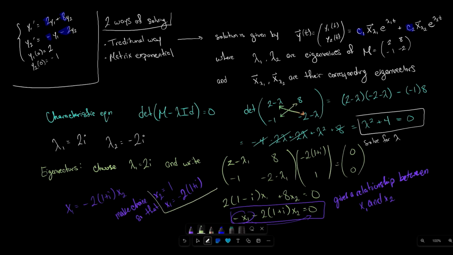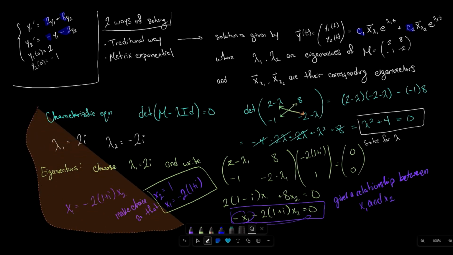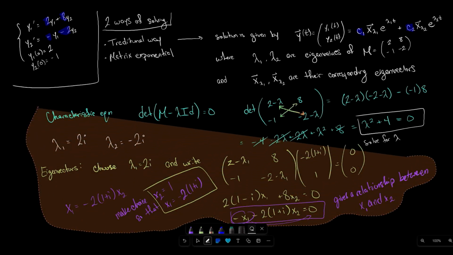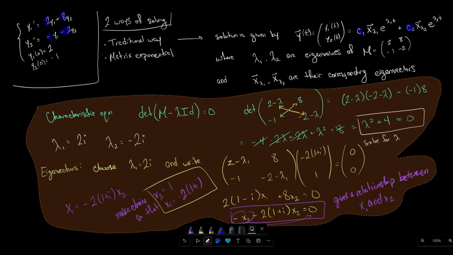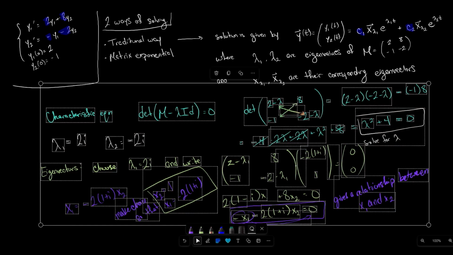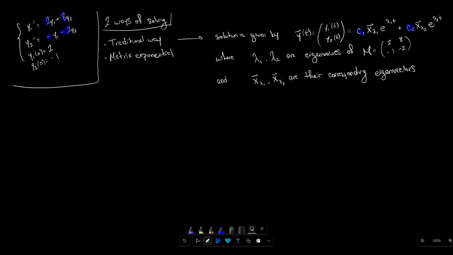I'm just using these values right here. All right, so that means that my first eigenvector is going to be negative 2 times 1 plus i, and 1. So let's write that down. Negative 2 times 1 plus i, and 1.